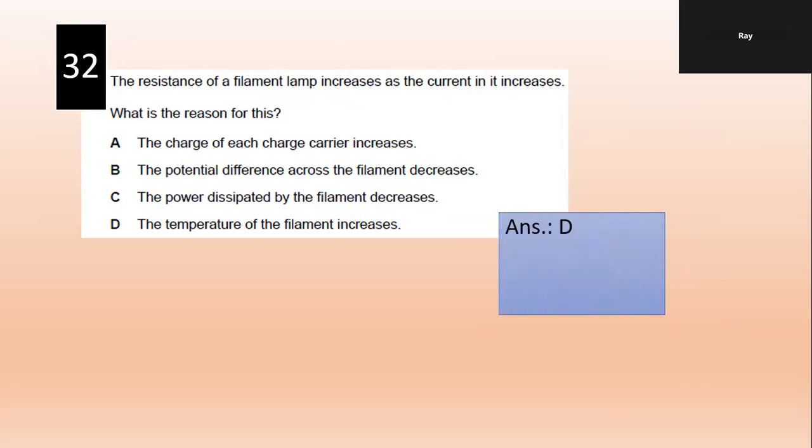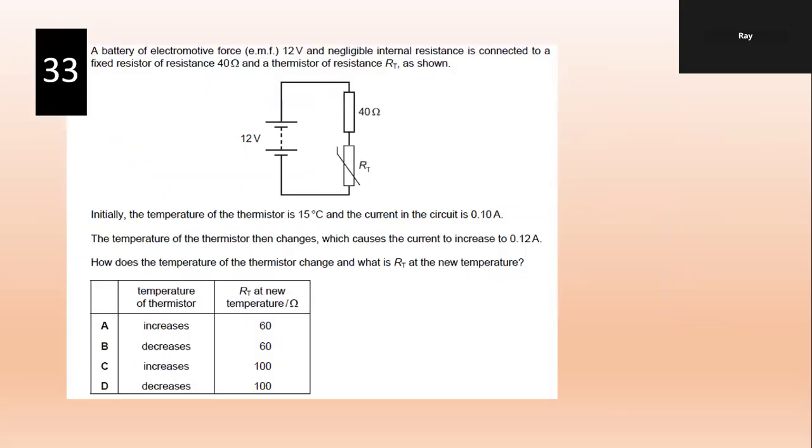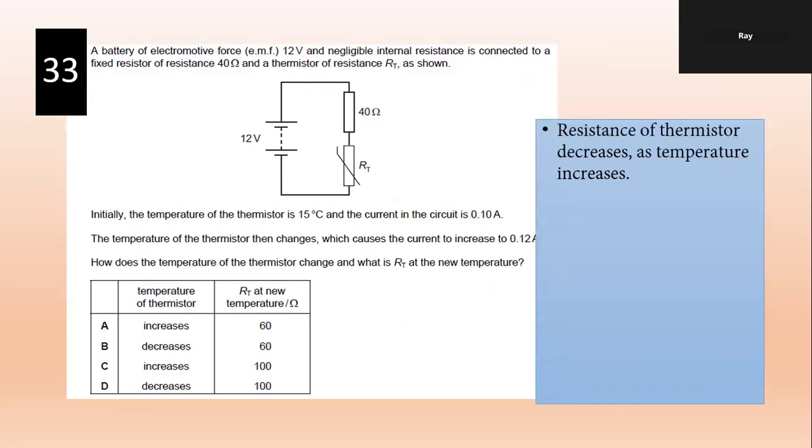Okay. Temperature increases, it vibrates faster, so electron flow can slow down. Okay, A. Resistance of thermistor decreases as temperature increases.